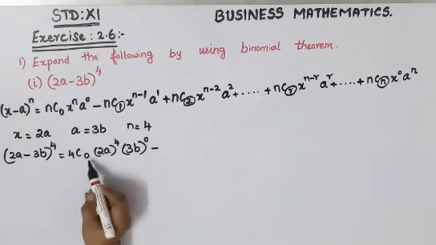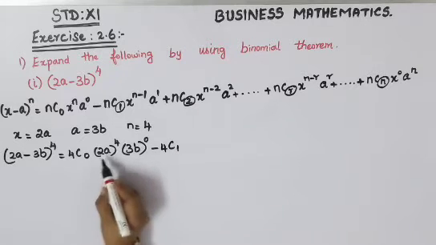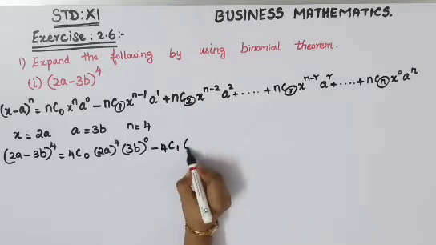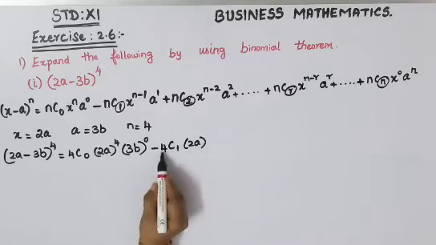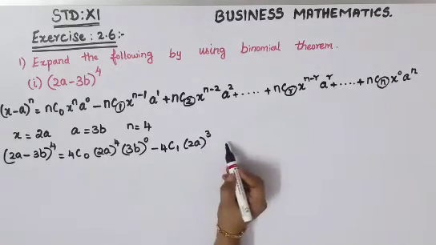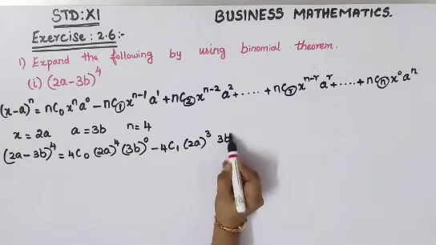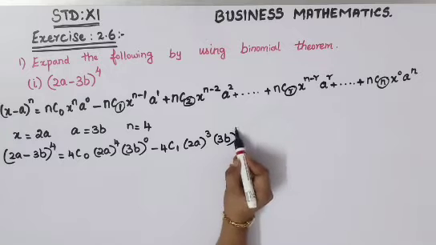So 4C0 we have started, so next one will be 4C1, (2a) power 4 minus 1, that is 3, again here a is your 3b power 1.